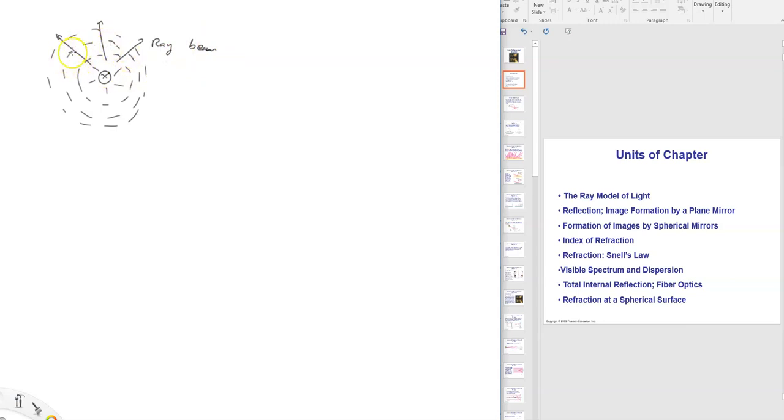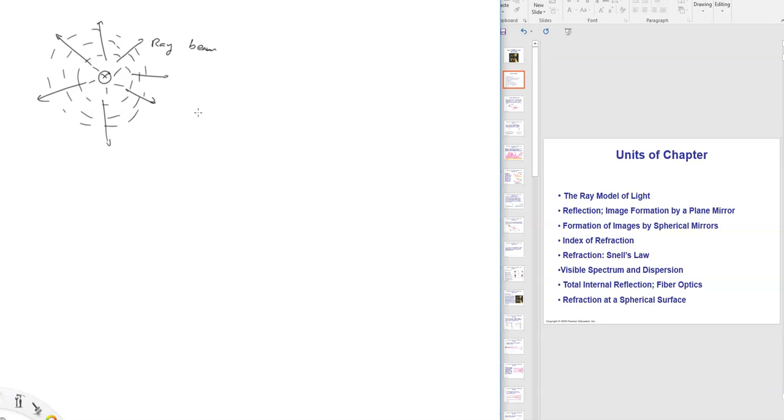So from now on, for all our diagrams, which we call ray diagrams, we will use these straight lines with an arrow, because it's easy to manage and much simpler to understand. So we're going to talk about this ray model of light.